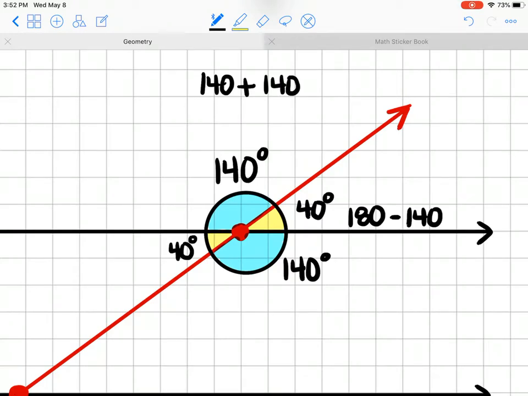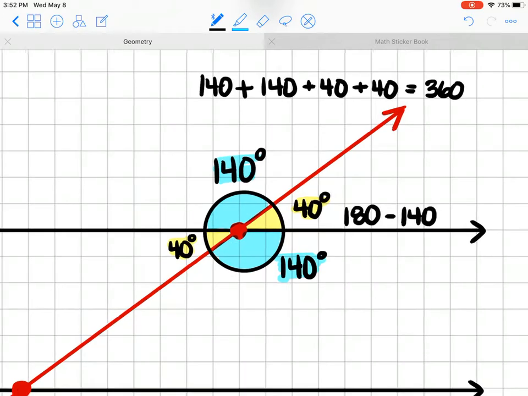Use your calculator if you need to. 280 plus 40 more plus 40 more equals 360, which is one full circle. That's a very good thing. This is the yellow part, the yellow part, the blue part, and the blue part. And it all adds up to 360.